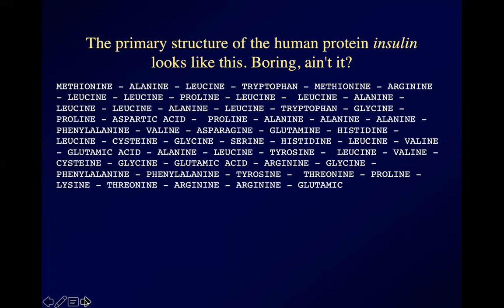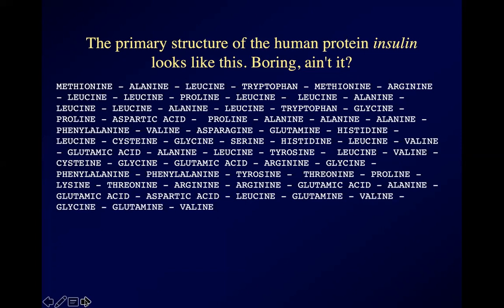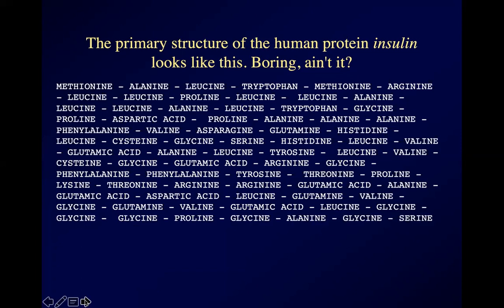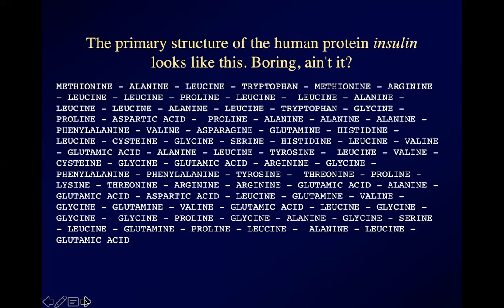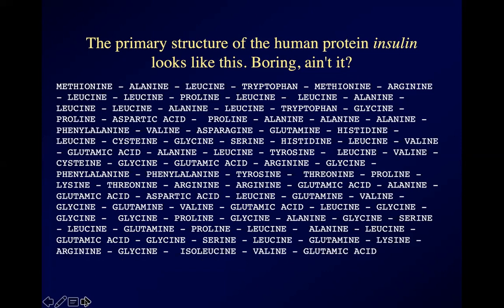because cells in an organ called your pancreas assemble amino acids in this precise order to make a protein called insulin. If they don't assemble these amino acids in exactly the right order, then they don't make insulin, or the insulin they make doesn't work, and you have a condition called diabetes, of which you might have heard.